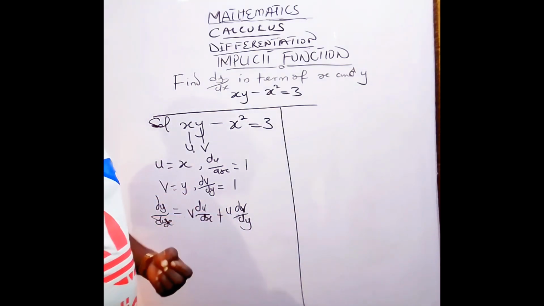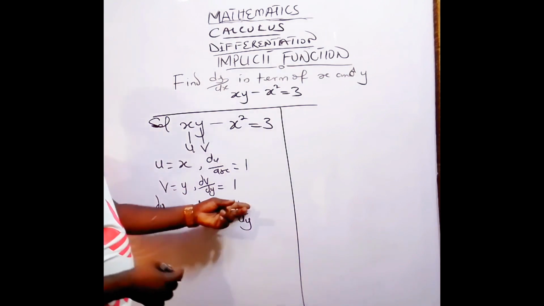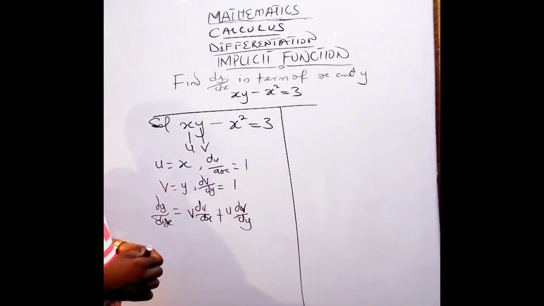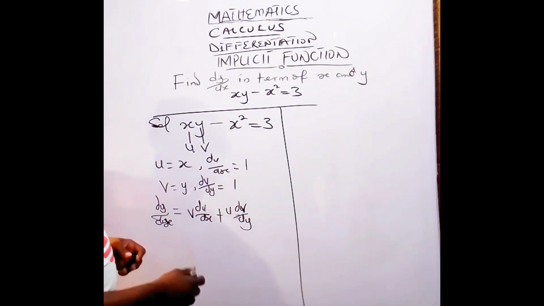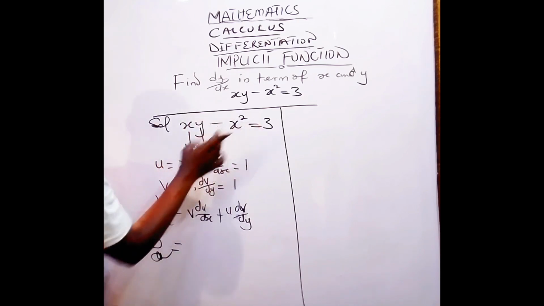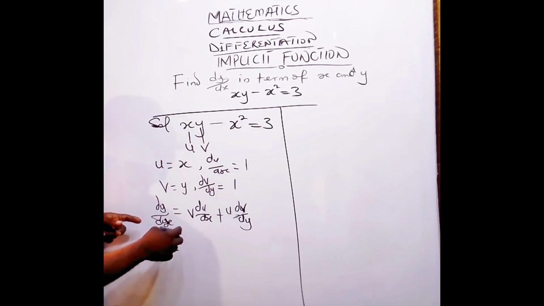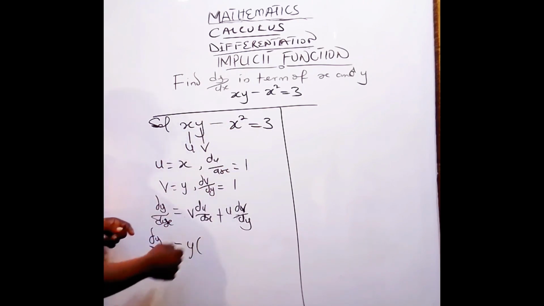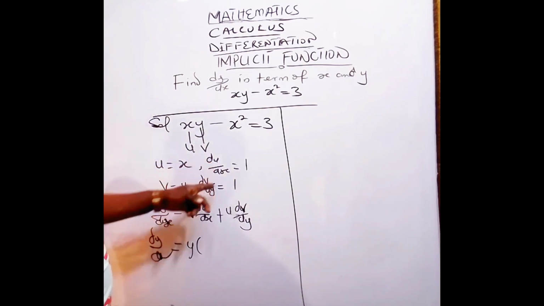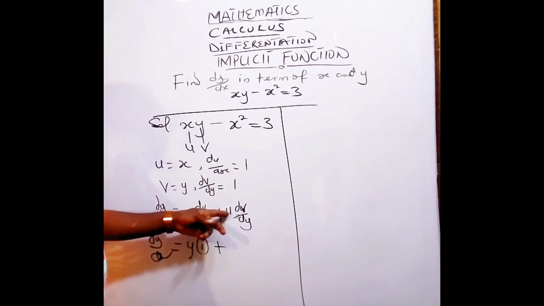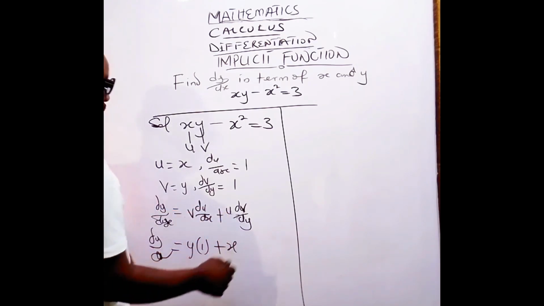Since we are looking for the dy/dx, we must as well have the value of our dy/dx there. So how do we do that now? All information here now becomes, what is the value of our v? v is y, into bracket du/dx, that will be equal to 1, plus u, what's our u? x.